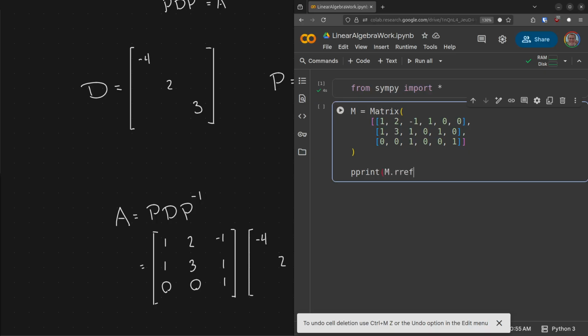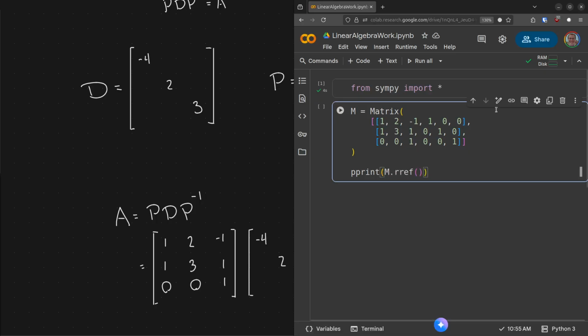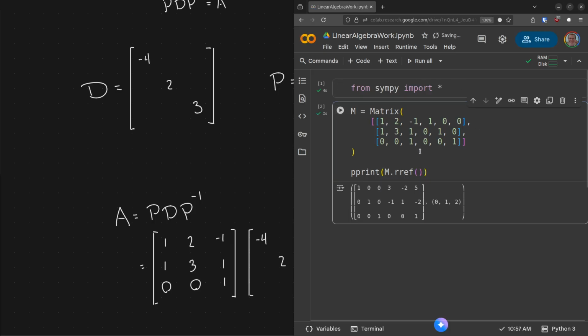And now let's find the reduced row echelon form. And there it is. Notice the left 3 columns is the identity matrix: 1, 0, 0, 0, 1, 0, 0, 0, 1. It's the right 3 columns that we want, and that's going to be our inverse.